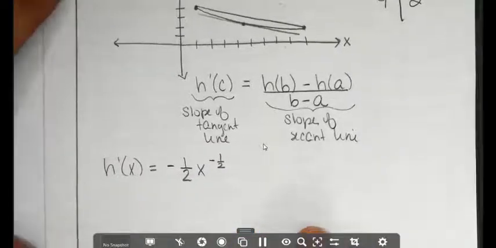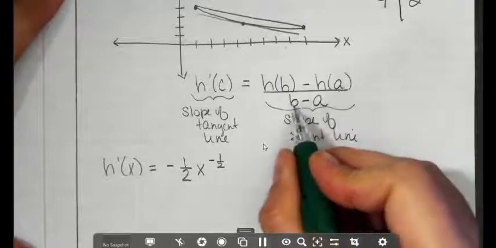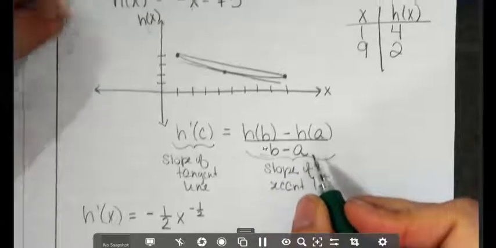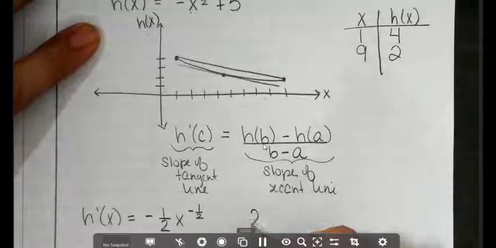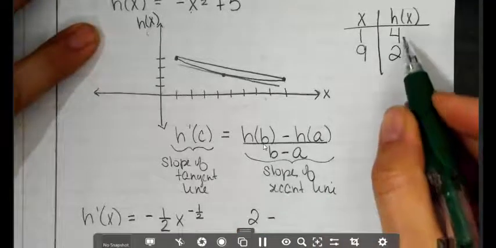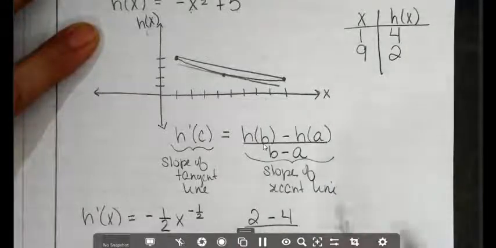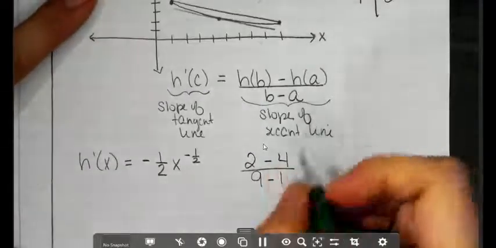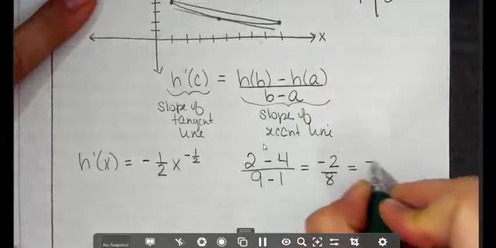And then the other thing that I need is h of b minus h of a over b minus a. So h of b is 2 minus 4, all over 9 minus 1. So this is going to give me negative 2 over 8, or negative 1/4.